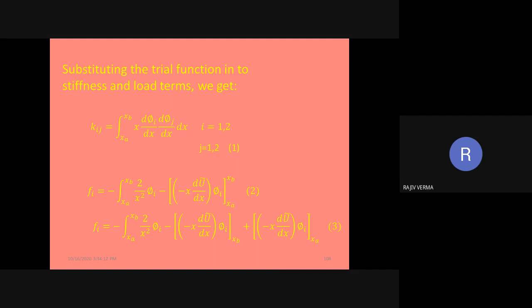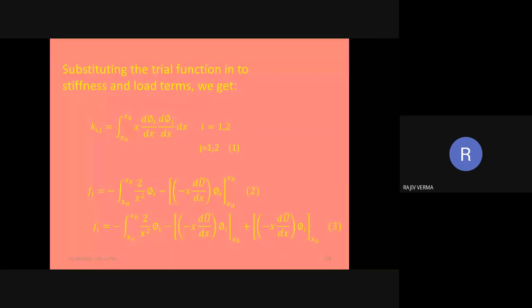So the value of i and j: i represents the row number, j represents the column number, and by varying i from 1 to 2 and j from 1 to 2, we can get the 4 values of the stiffness matrix. And similarly, in equation number 3, we keep the value of i to be 1.